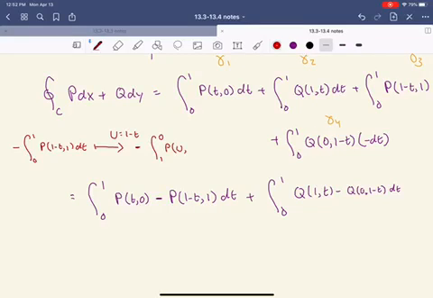So p of u, 1. And now du is negative dt. So we'll have du and then positive. But now look, doesn't that equal the integral from 0 to 1 of p of u, 1 du?